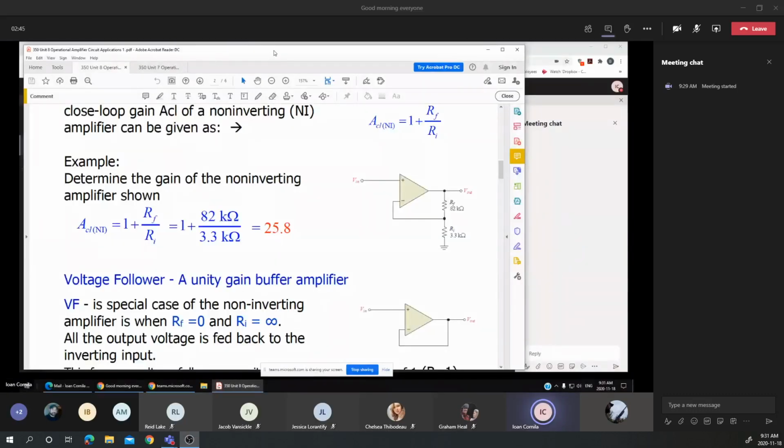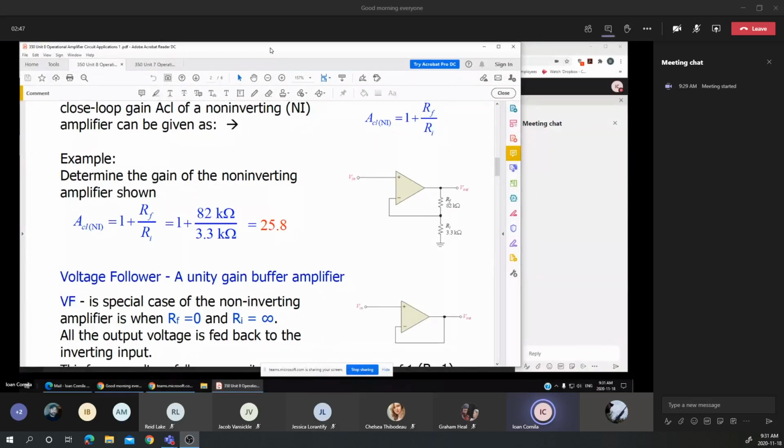And this is the yesterday lecture, and we discussed one of the probably 7-8 applications that use an op-amp, and one of the most important applications is the non-inverting amplifier.